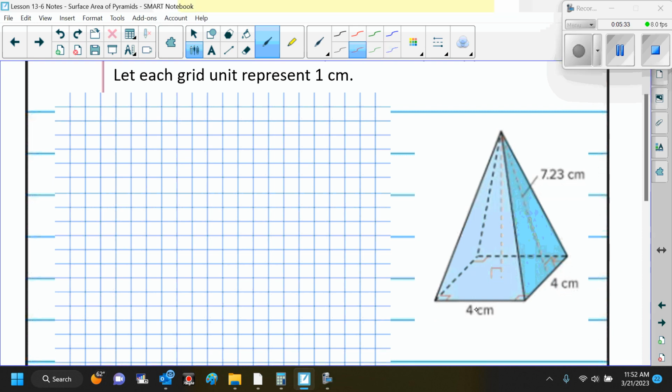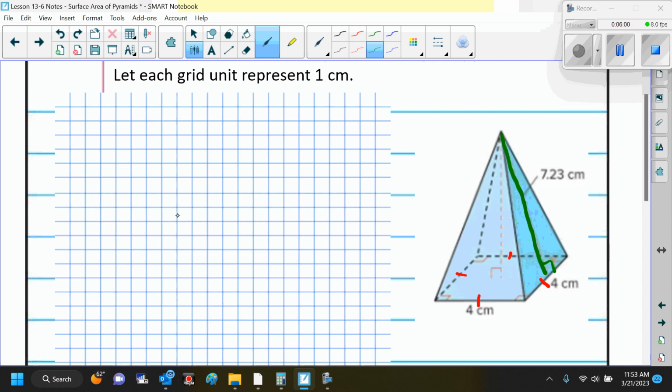Here you can see this is a 4 by 4, so all of the sides are congruent. This is a 4 by 4 square. You can also see that the slant height right here is 7.23 centimeters. So that's what we want to take into consideration.